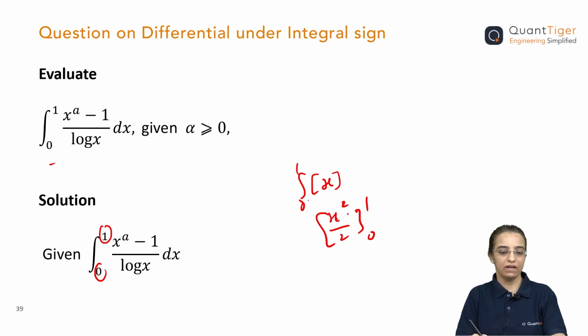Same thing here: if I integrate this with respect to x, I will get something in terms of x, and then for that x I keep the upper limit and lower limit. After putting that, whatever is still left is nothing but the parameter, because we would not be able to replace alpha with anything. That leftover is our parameter, meaning we cannot write any value for it. That's how we can identify the parameter in the given function.